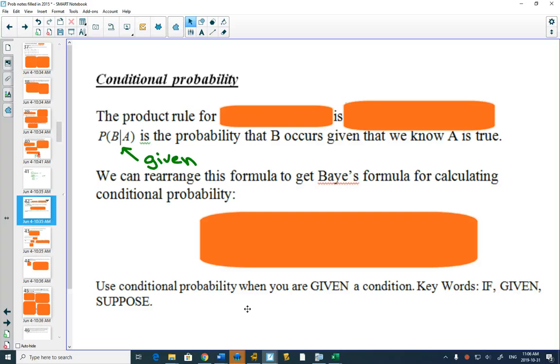The last topic of the first section of our probability unit is conditional probability. And the conditional probability gets back to that question that I proposed last class with the 3 doors, the 2 goats, and the car. Do you remember it? Okay.